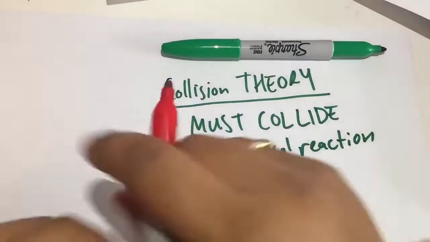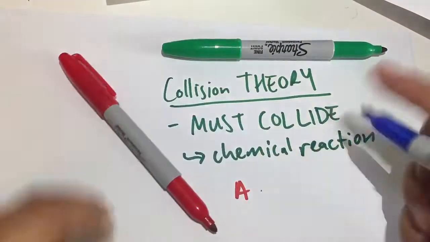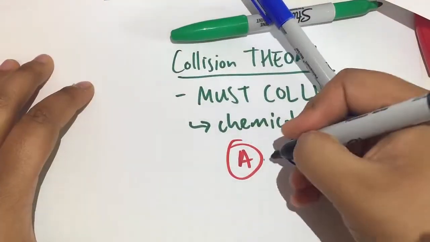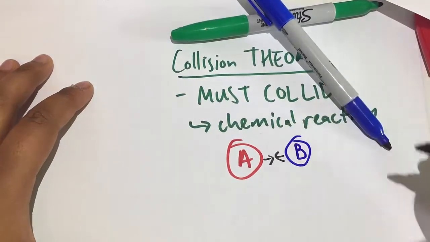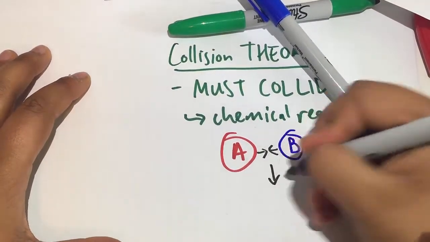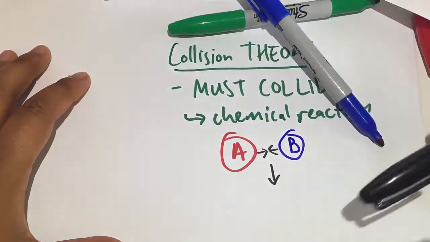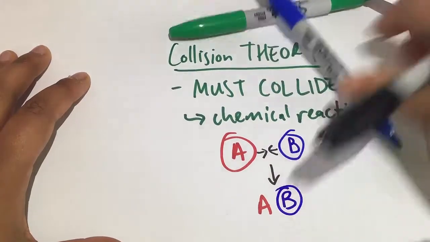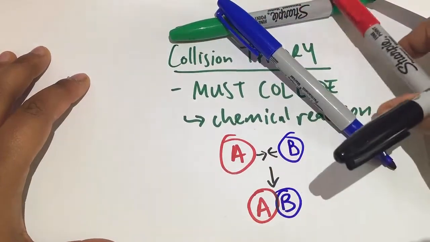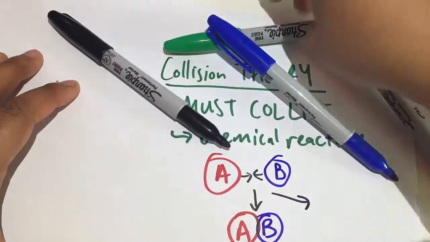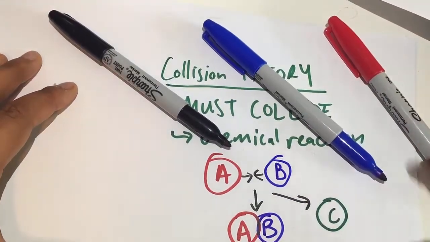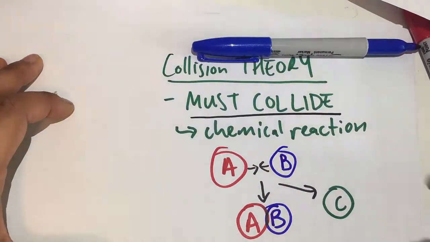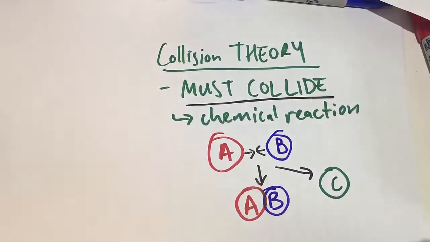So say you've got your molecule A, you've got your molecule B, they're going to collide together, and then some sort of chemical reaction has occurred to make an AB connected together, or some sort of new compound C. But the idea is that they must have collided in order for that reaction to occur.